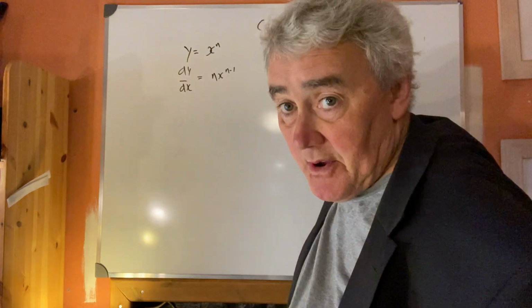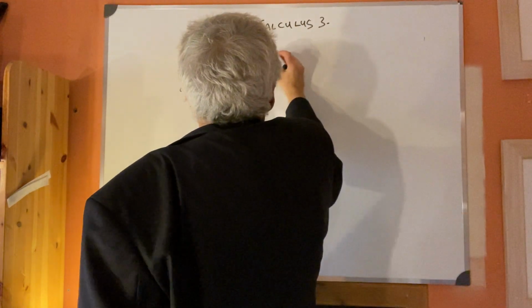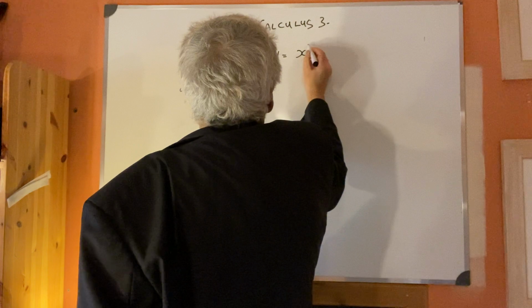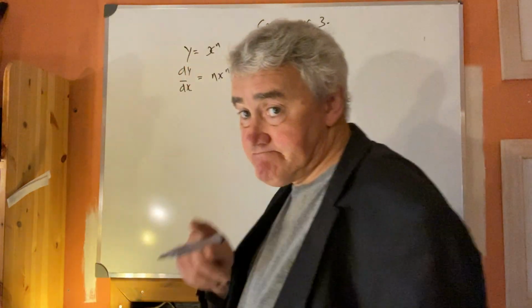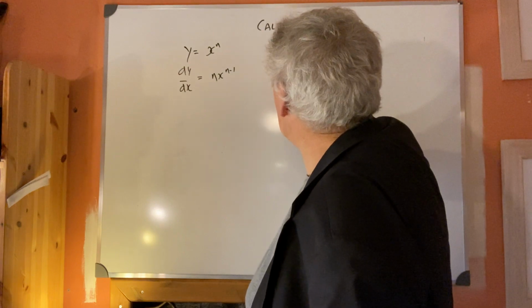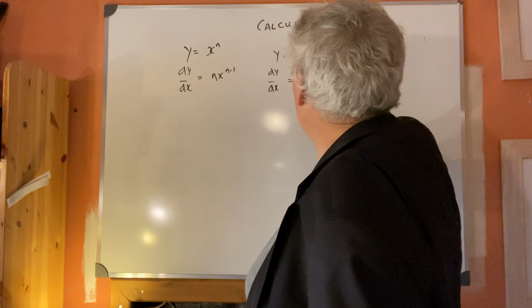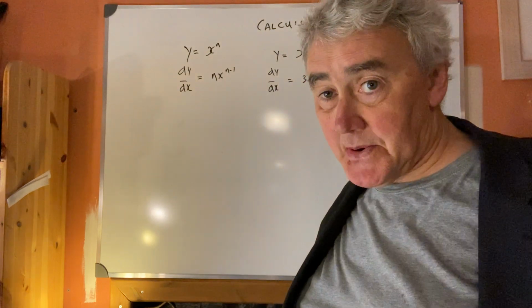Anything that we encounter of that kind will follow that pattern. So y equal to x cubed will become, you guessed it, dy/dx is equal to 3x squared, like so.